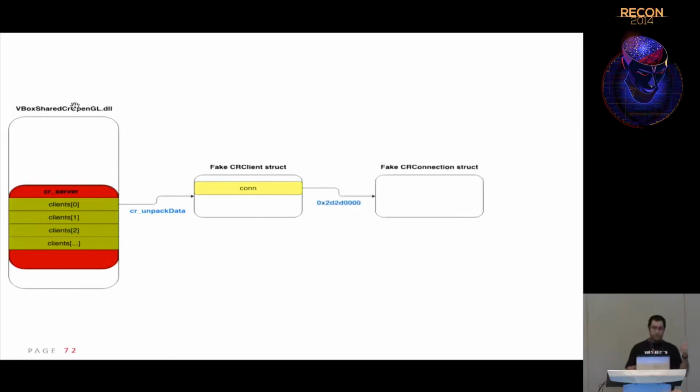So the idea is to make the con field point to an arbitrary address, in this example 2D0000, and we need to put our fake CR connection structure at that address. So we control the phost buffer address and the cvhost buffer size that define the frame buffer to be copied from the host to the guest.